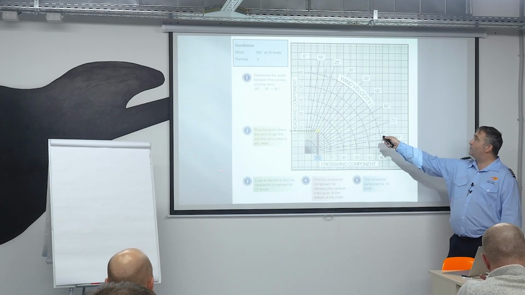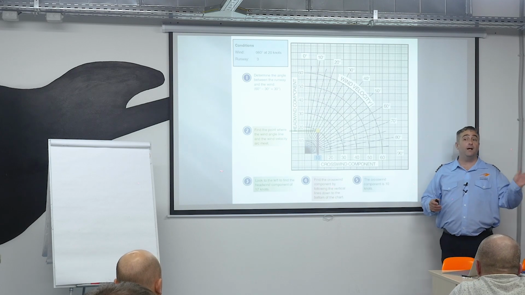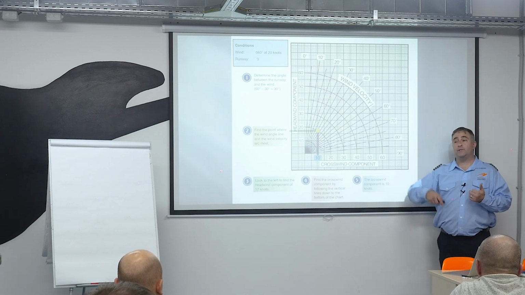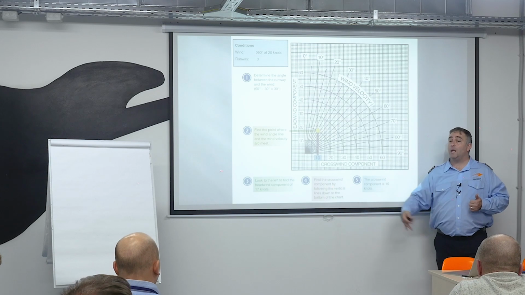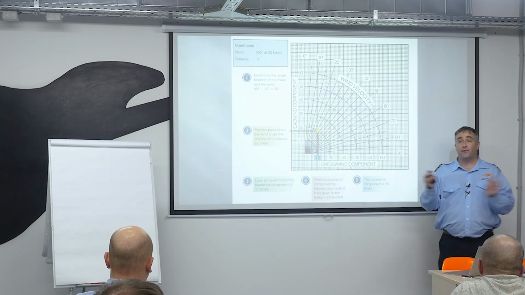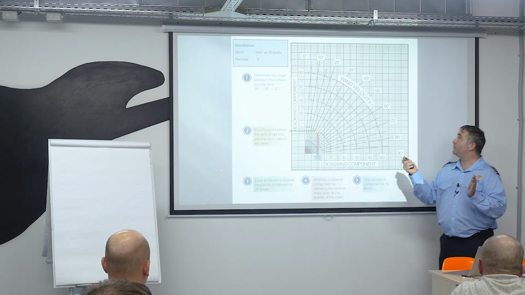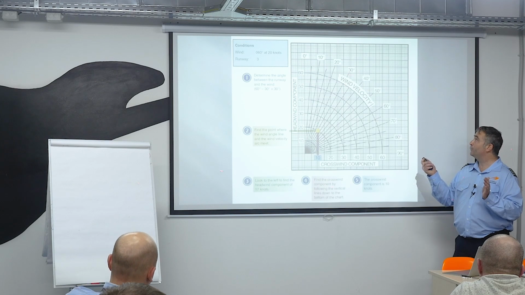And I just go to however many degrees is different between my wind and the runway. So if I'm taking off from runway 9 and my wind is at 060, that means I have a 30-degree difference between the runway and the wind. 30 degrees difference, here we are.